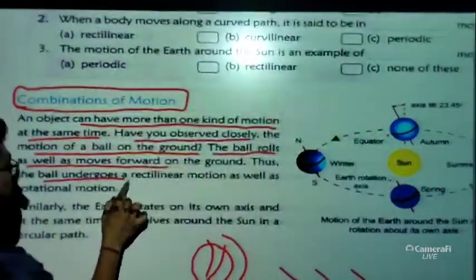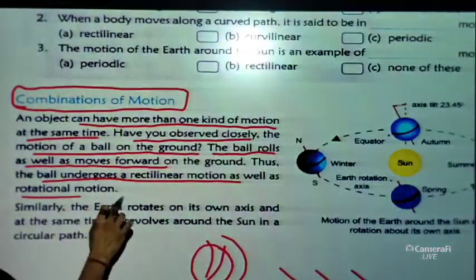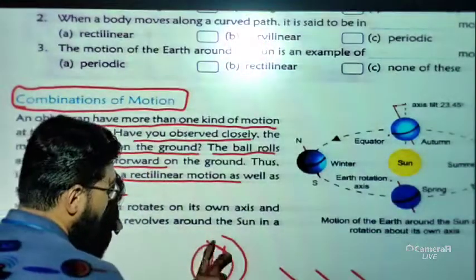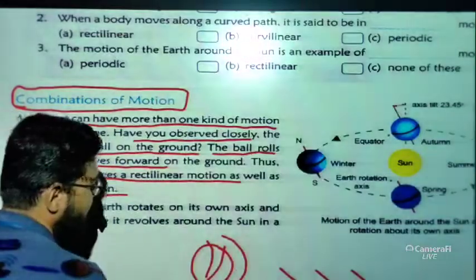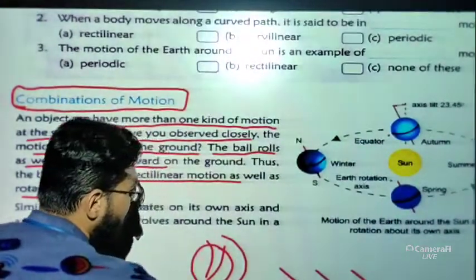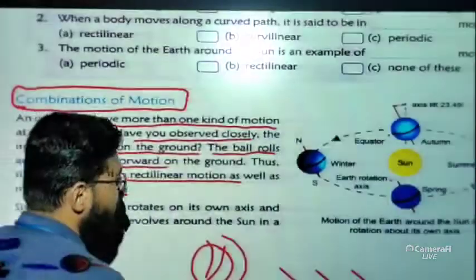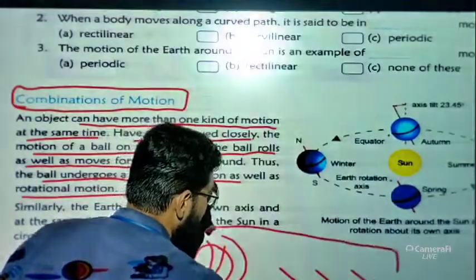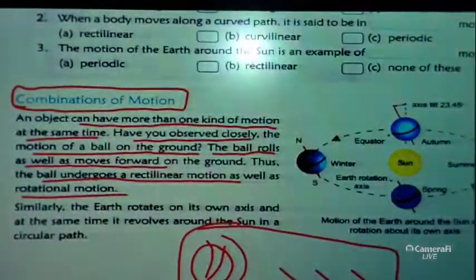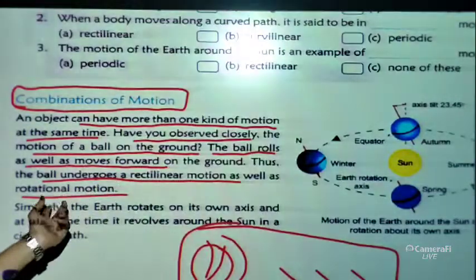Thus the ball undergoes a rectilinear motion as well as rotational motion. The ball first of all rotates, so you can call it rotational motion, and it goes in the forward direction, so rectilinear motion is there.